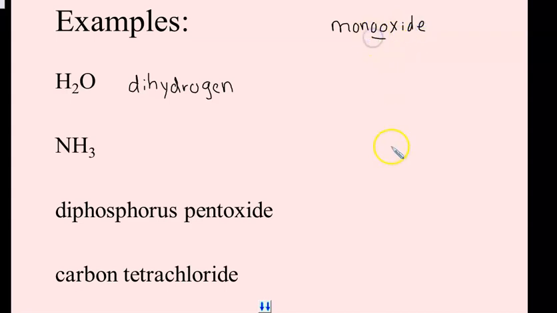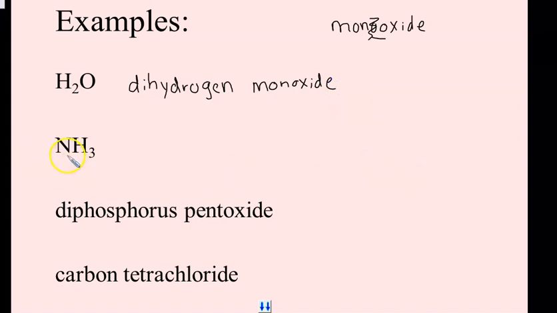Do you see how those two O's come together? That kind of looks funny. So that would be monoxide. Anytime you have a vowel here, most of the time that ending prefix letter will just drop out. So you get monoxide. So dihydrogen monoxide, the formal name for water.